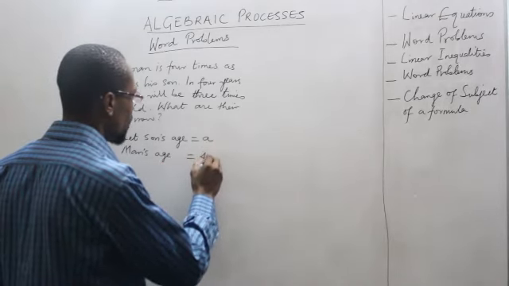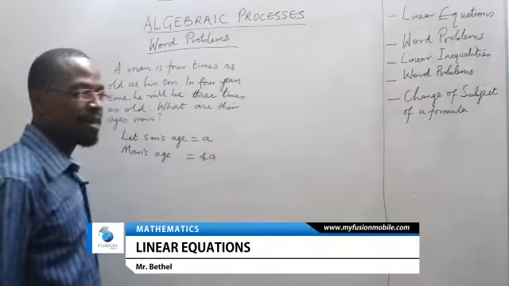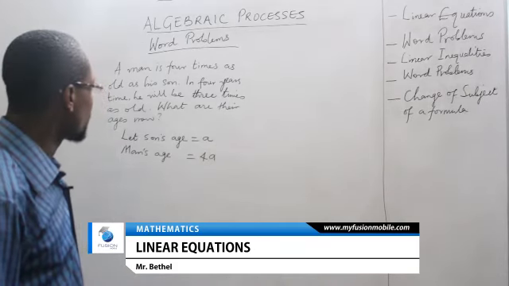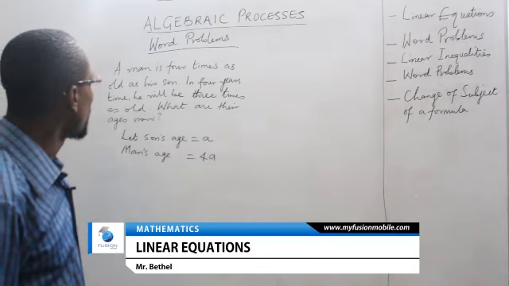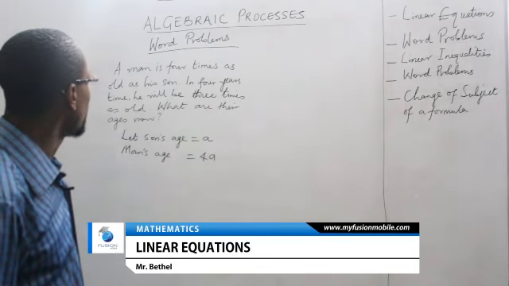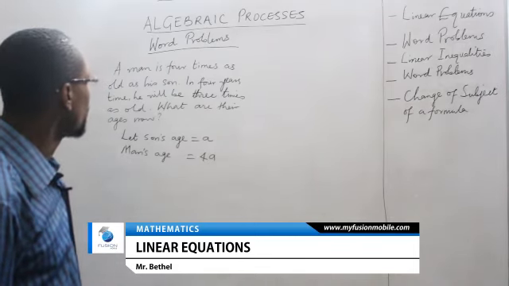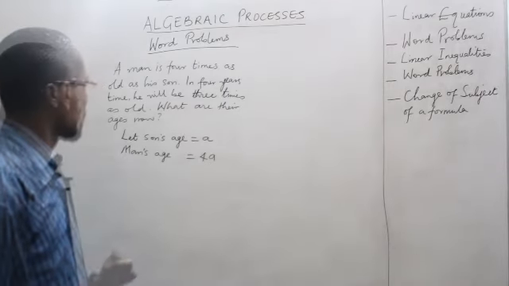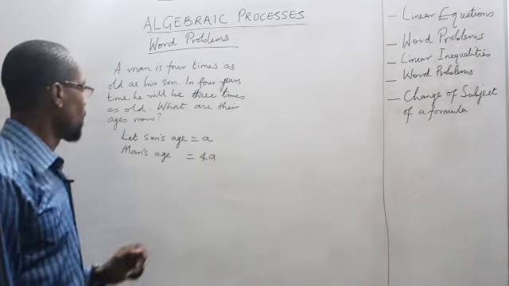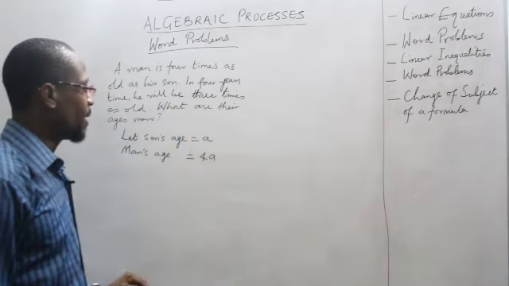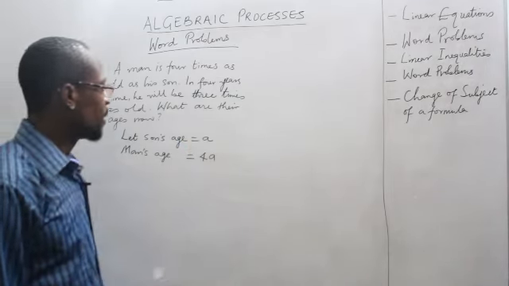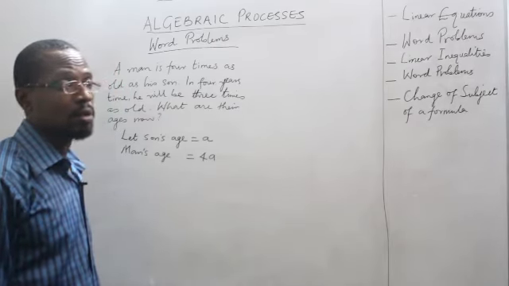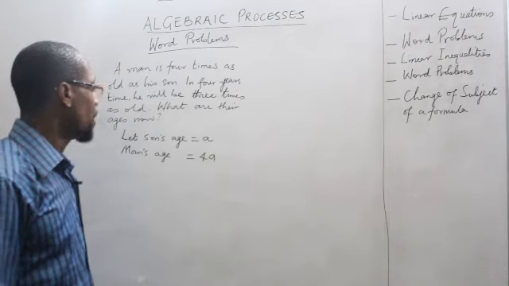So the man is 4 times A in age. Now in 4 years' time, he will be 3 times as old. We have picked the son's age as A and the man's age as 4A, since he is 4 times as old as his son.